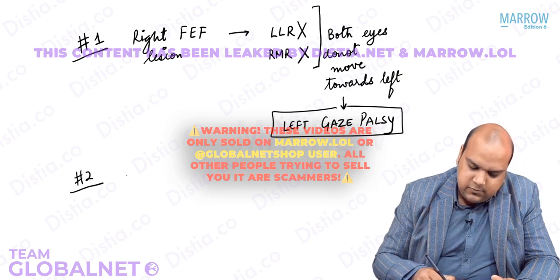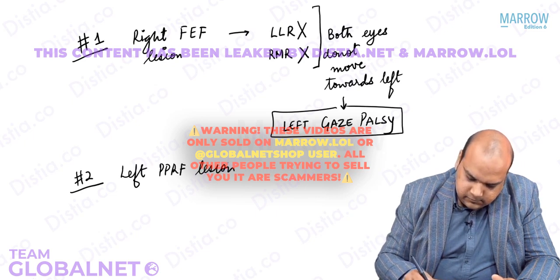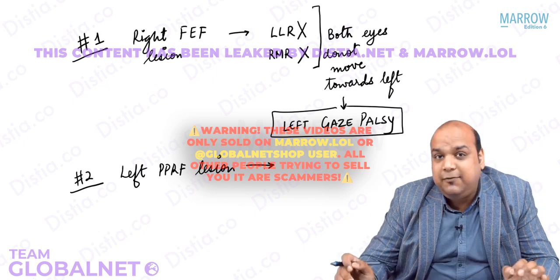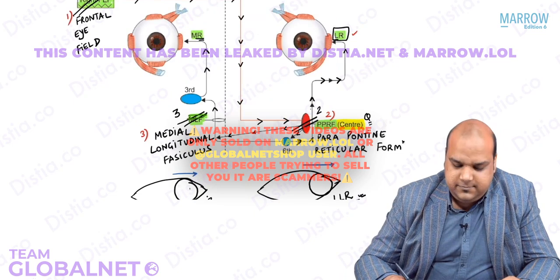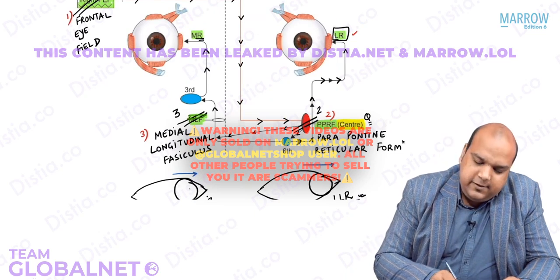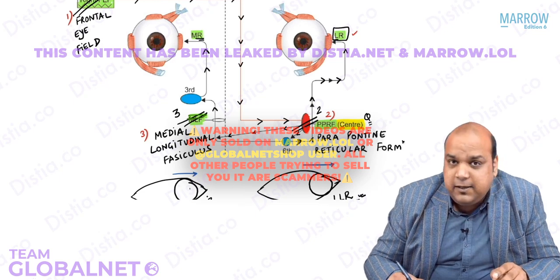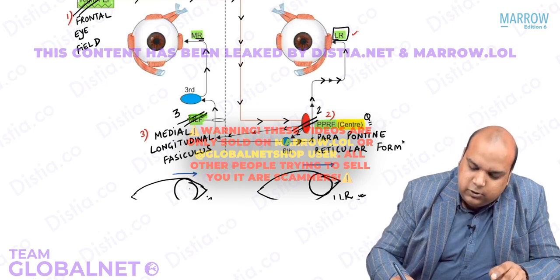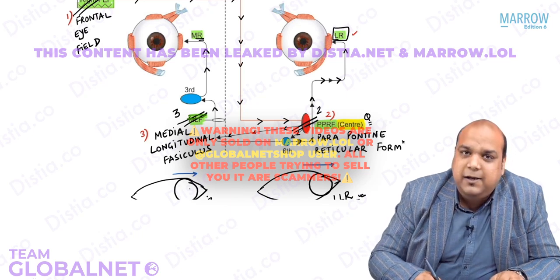Lesion number 2. Lesion number 2 was left PPRF lesion. Let's again go back. Left PPRF lesion. From the right FEF, the signal came to the left PPRF. But there is a lesion of the left PPRF. So will the signal be able to go to the left lateral rectus? No. Will the signal be able to go to the right medial rectus?